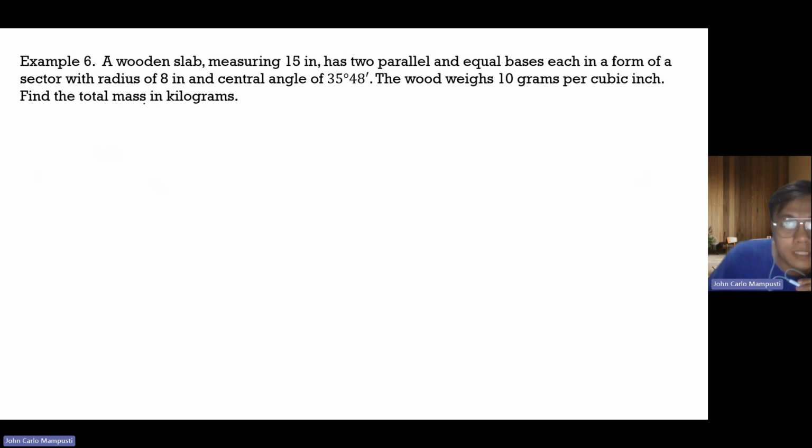Ano bang itsura niyan? Wooden slab daw, 15 feet yung length niya. And then, yung cross-sectional area daw niya, or yung base niya, is a sector with the radius equal to 8 inches. So, drawing natin yung sector natin, na 3D. Sabihin natin this is 8 inches radius. And we have theta equal to 35 degrees 48 minutes.